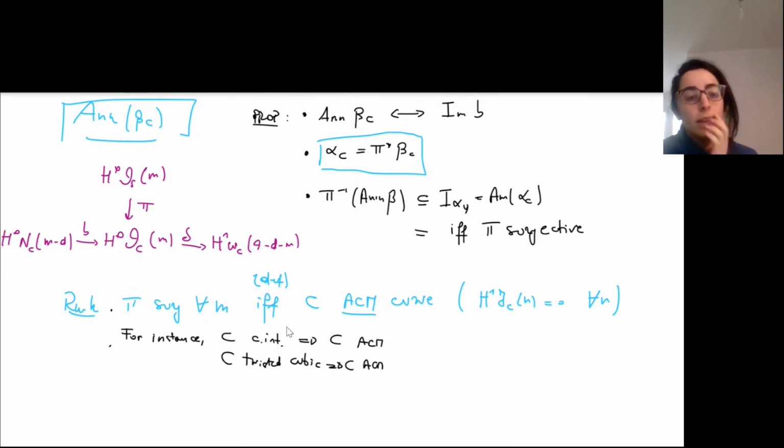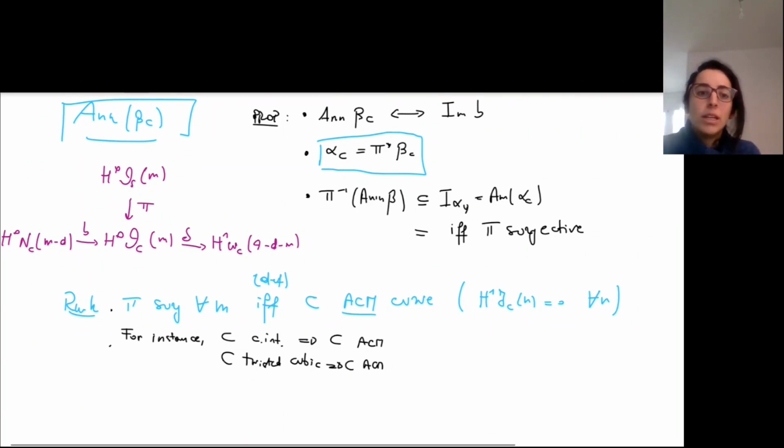So this is true. Pi could be surjective for some m. So again, the equality here is something that we can study degree by degree.